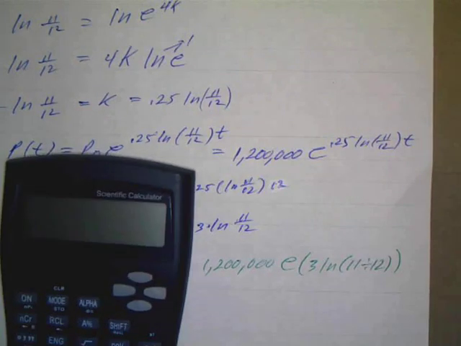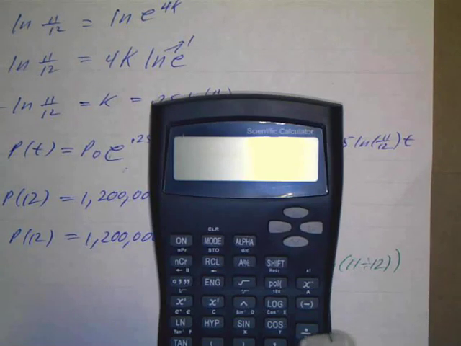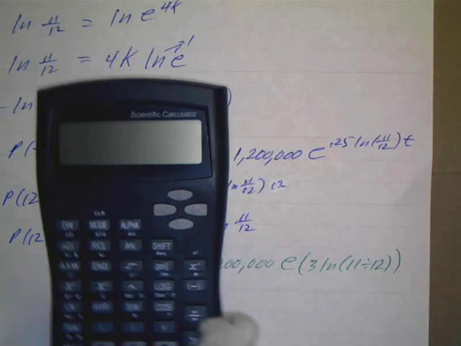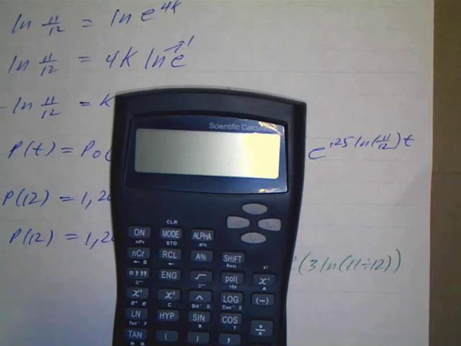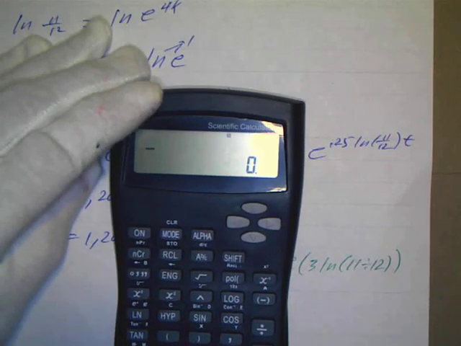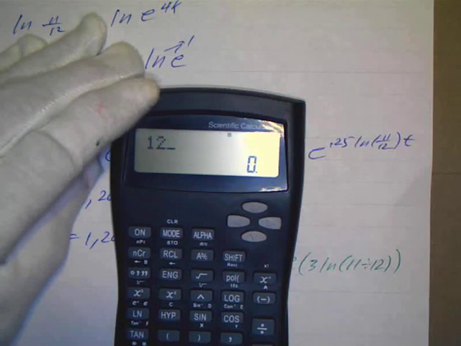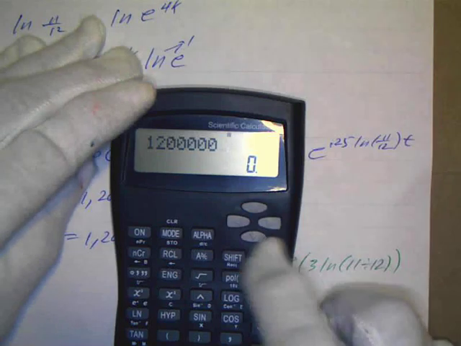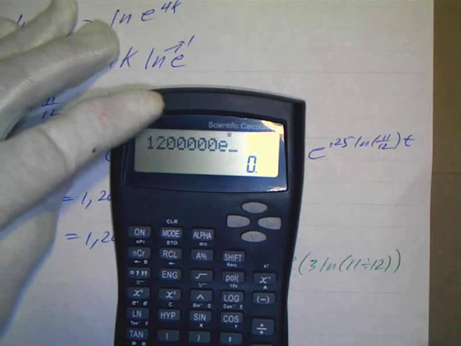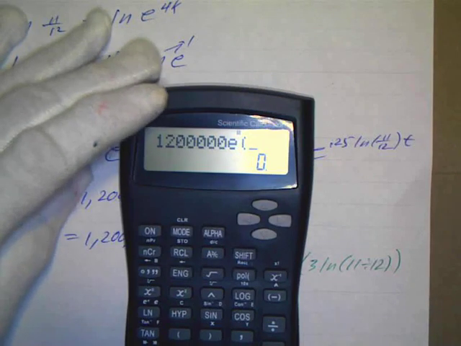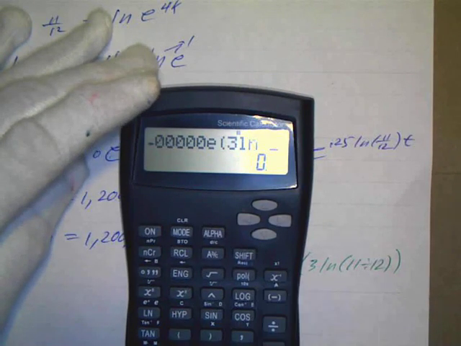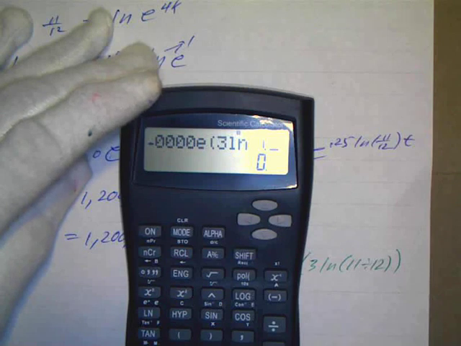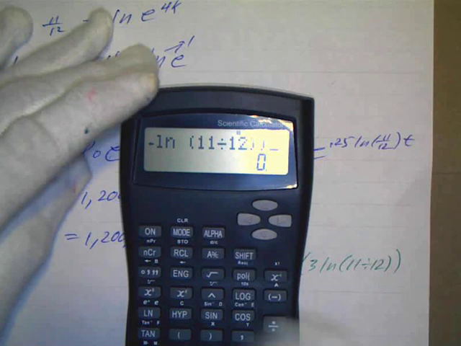So you get out your little $1.99 calculator, put it in like that. 1,200,000, shift natural log for e, put my parentheses in, and then 3 times the natural log, parentheses for the fraction, 11 divided by 12, parentheses for the fraction, parentheses for the log.